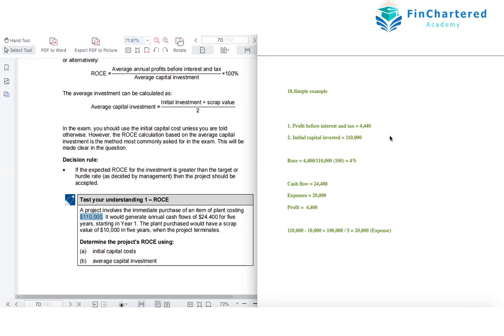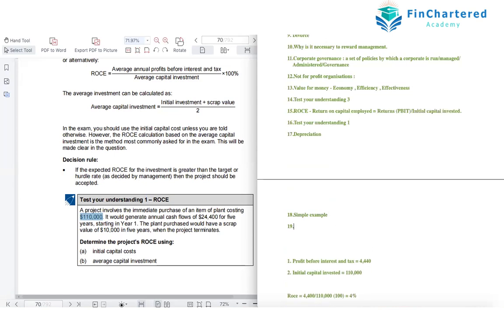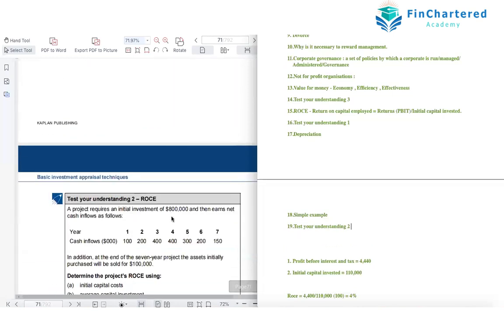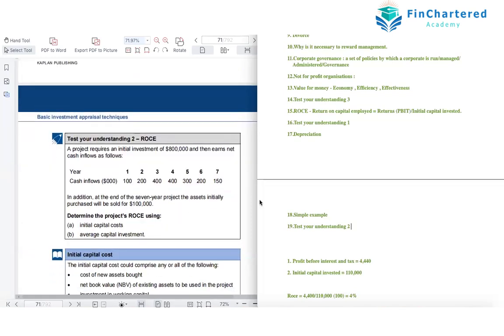Now let's look at test your understanding 2. We have another 10 minutes only, so don't worry. Test your understanding 2. Again, we need only 2 ingredients, make your life easy. Profit we need, and we need the capital invested.